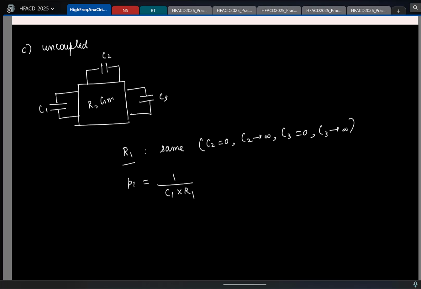If that doesn't change irrespective of the behavior of C1 and C3, whether they are open or short, then once again you can say that this time constant is not coupled to the other two. So in general, if the resistance seen by the kth capacitor is the same, irrespective of whether all other Ci, Cj are open or short, then the pole location you can write as Ck times R.